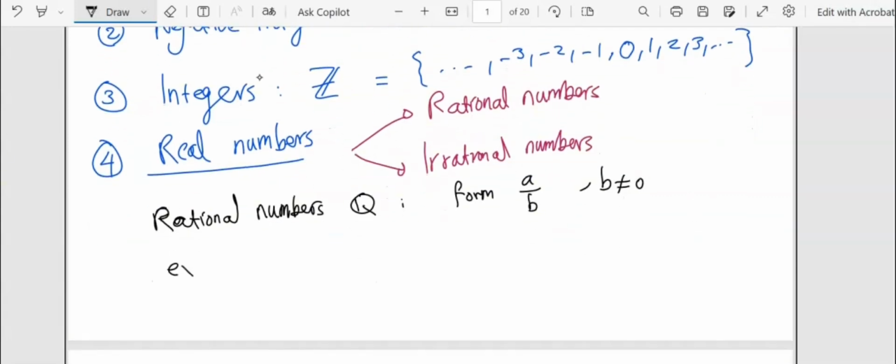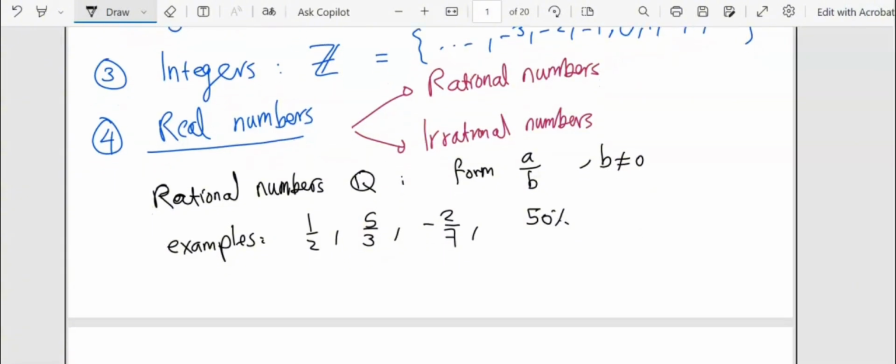Examples we know very well are a half, 5 over 3, and they could be negative. Also 50%, talking about percentages, which we will study maybe in the next lessons. When we say 50%, I mean 50 over 100, which at the end is 1 over 2, a half. It's something I can put in the form a over b, so these are all rational numbers.